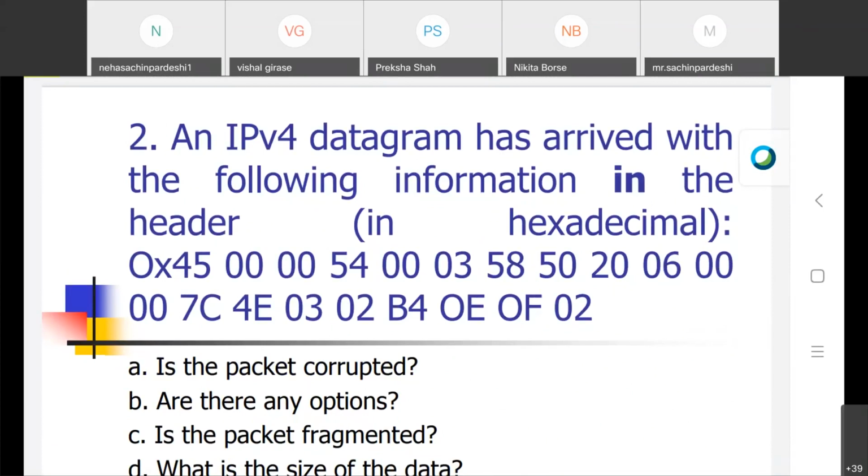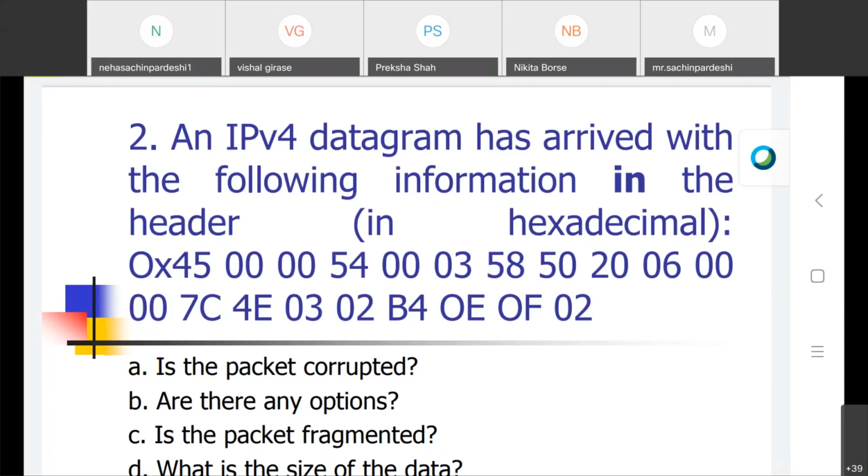If you see the header format, the first field represents the version. Here the 0x symbol is for hexadecimal, and 4 represents the version. The next field is the header length. The header length value is 5.